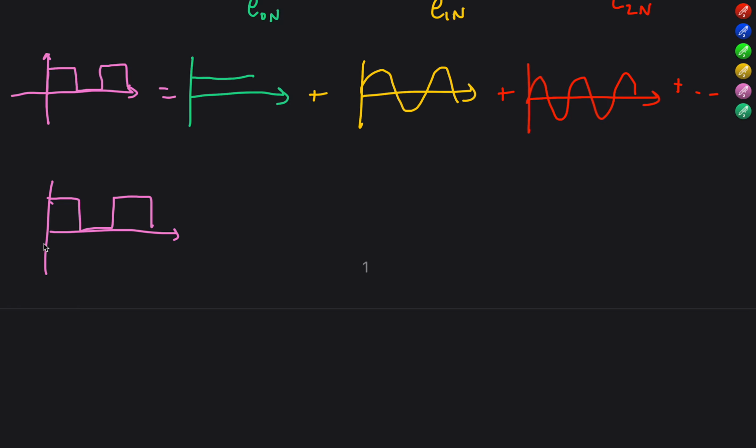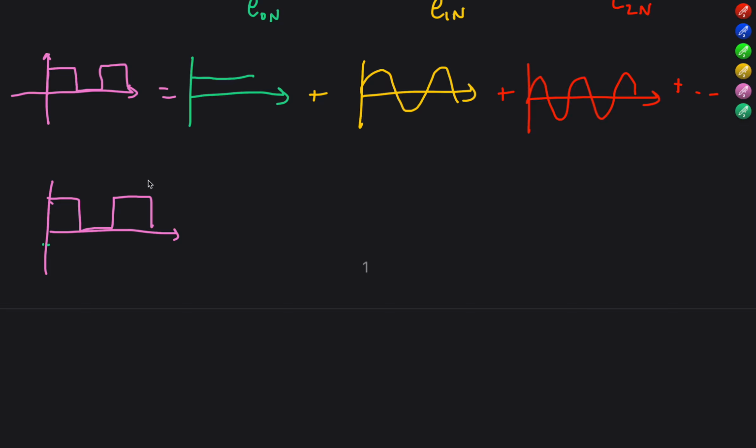If we take enough frequencies, we might get this blue signal. It's a mix of some high frequencies here and some low frequencies that give you this sort of shape. So you add them properly, and if you do enough of them, you'll get exactly this square wave back.